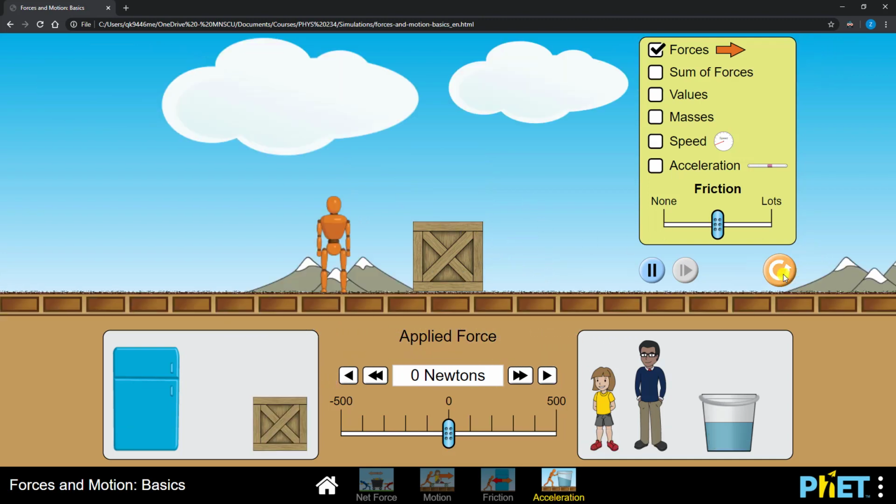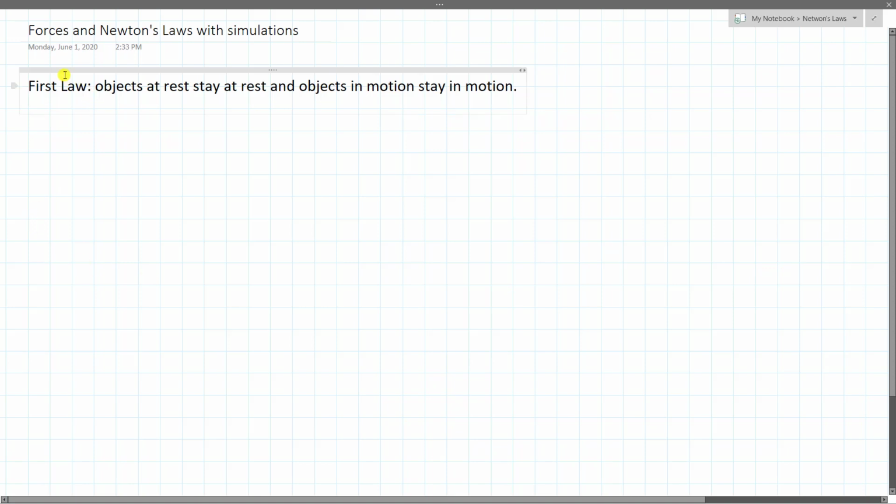Let's stop this, and we can go back to this, and we'll start Newton's second law.